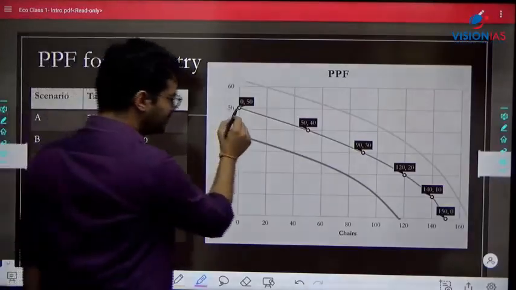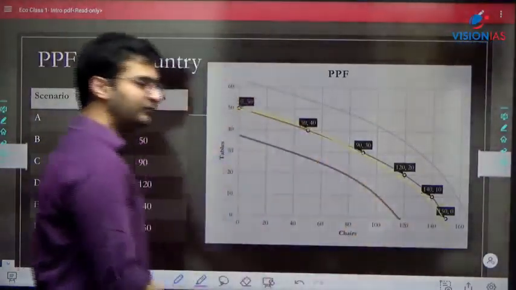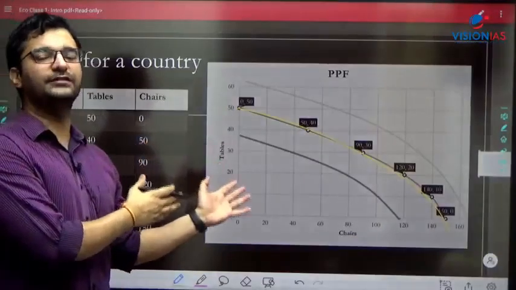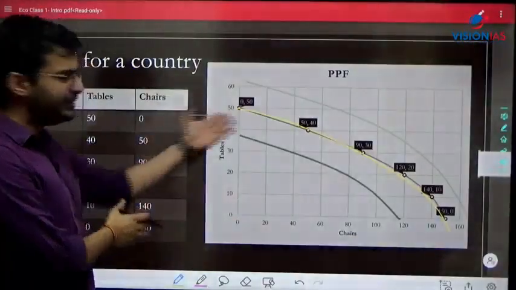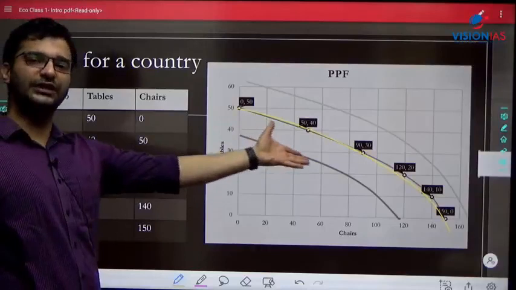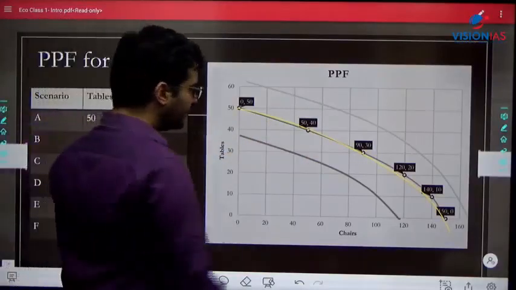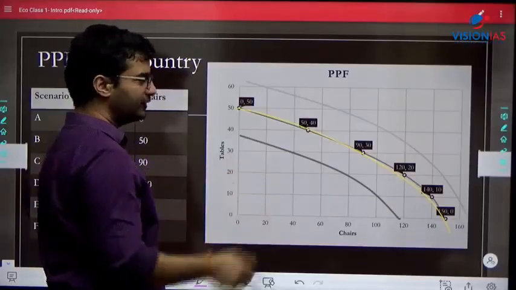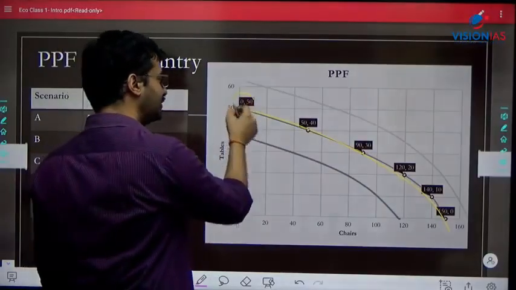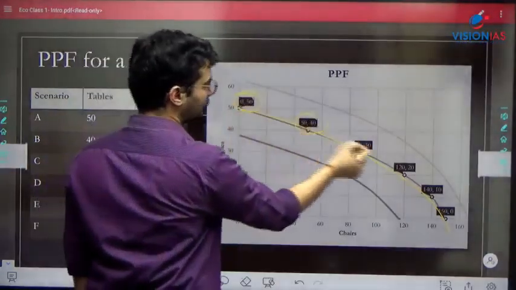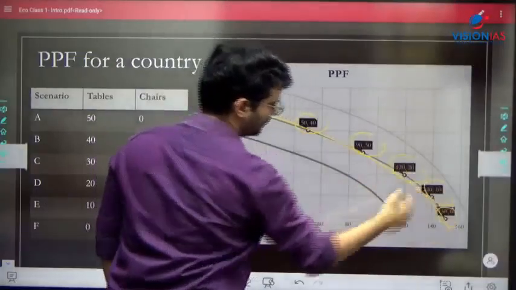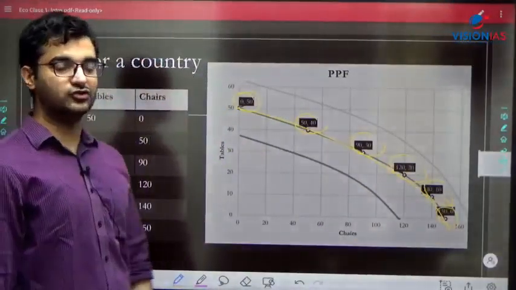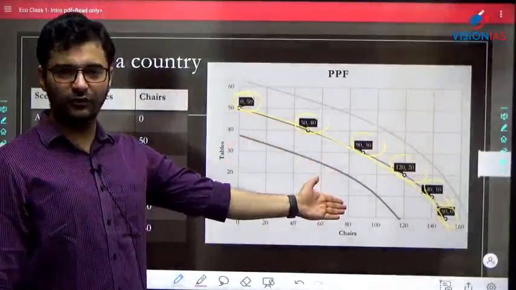So this becomes the PPF of a country. That was the PPF of a person: how much can a person do with his limited resource? This is the PPF of a country: what can the country do with its limited resources? So we made this PPF of the country regarding tables and chairs, that the total resources of the country can be used to produce any of these combinations.